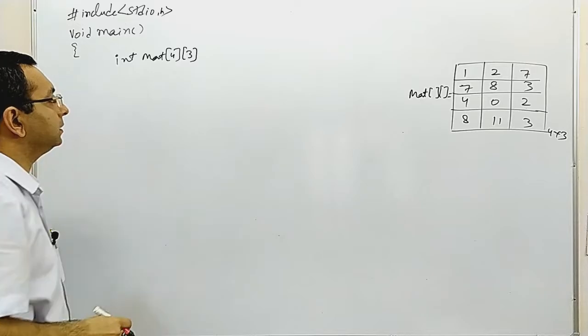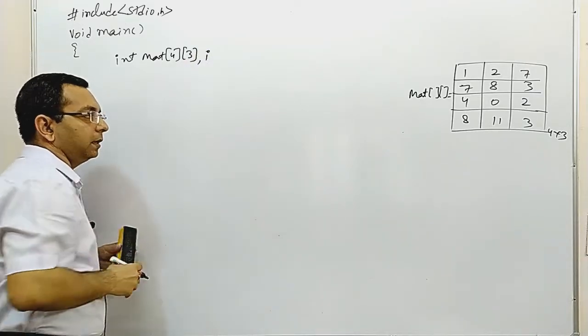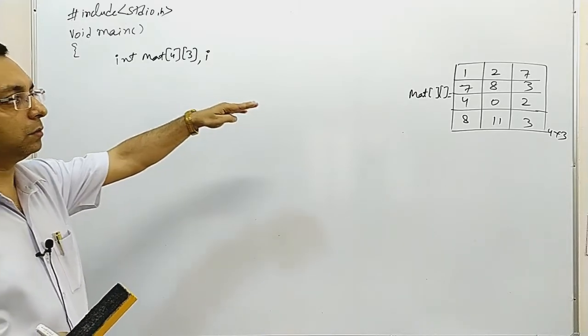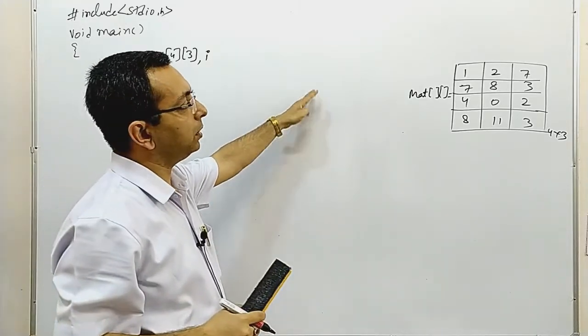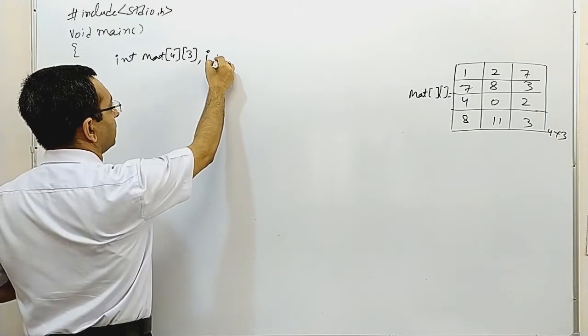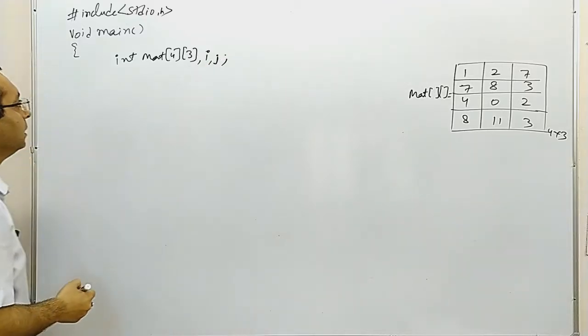So we have written 4 by 3. And I will be required for loops. One loop will be for row and one loop will be for column. So I and j, 2 variables will be required for using loops.